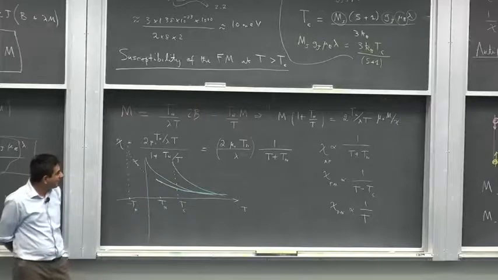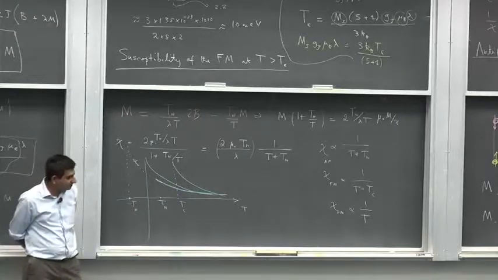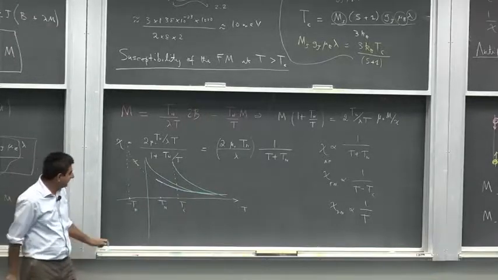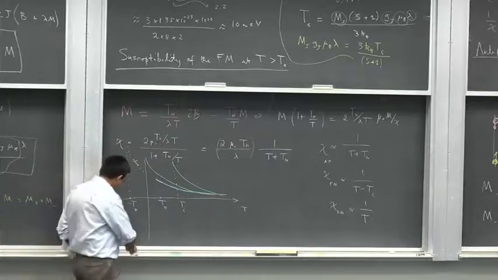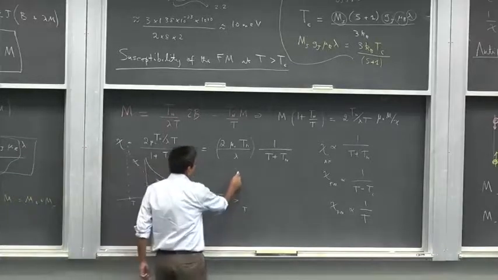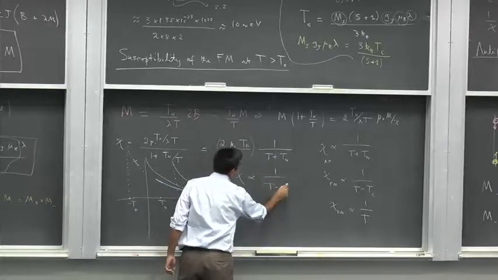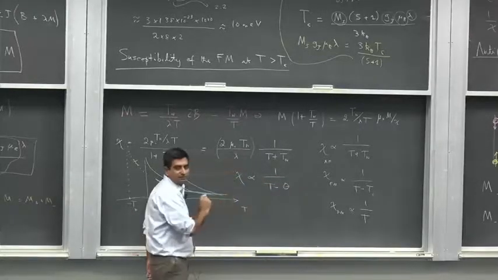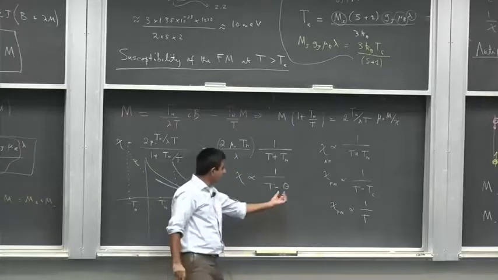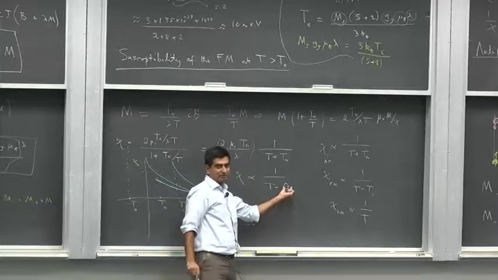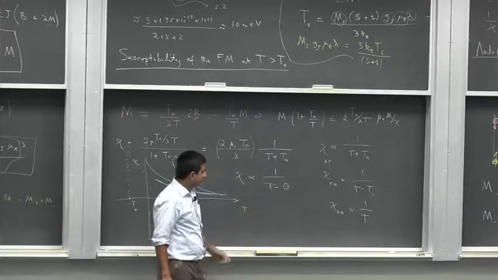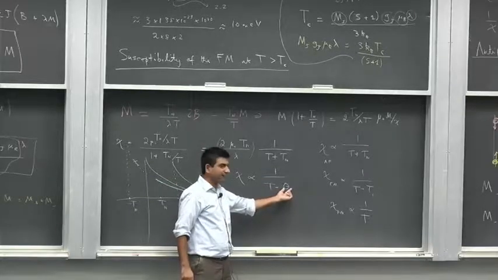Alright? Now what we would like to see: the general form for the Curie-Weiss law is that the susceptibility is 1 over T minus some constant theta. This is called the Weiss temperature. For an ideal ferromagnet, this is the Curie temperature.